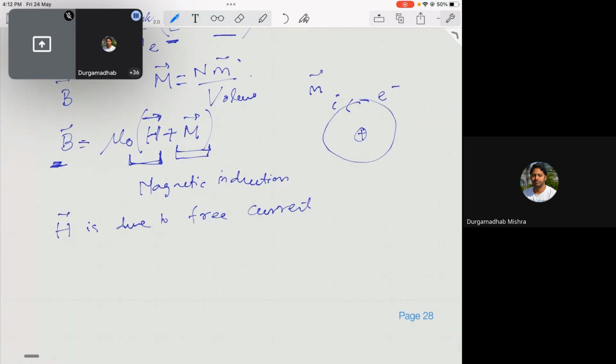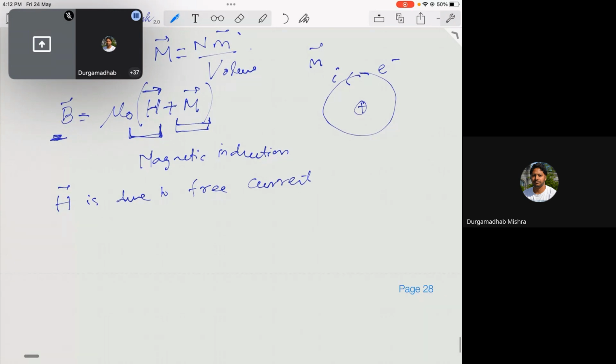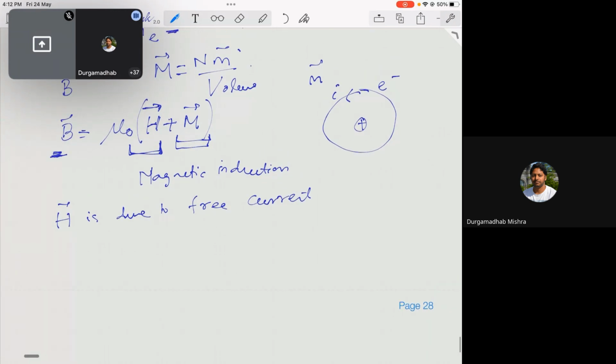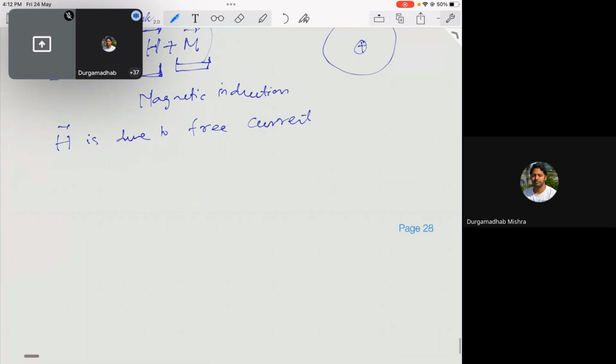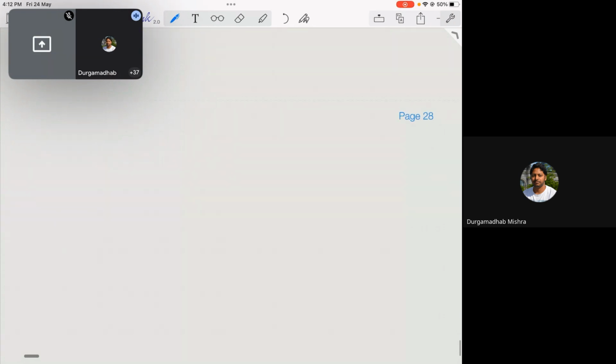In fact, this relation is different for a diamagnet, a paramagnet, and a ferromagnet, and on that basis you can distinguish between these materials.